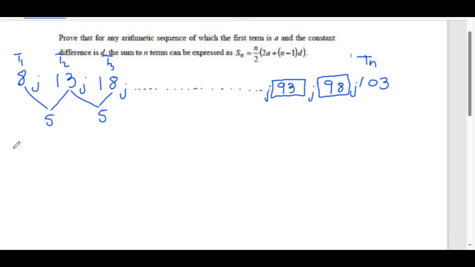Now we must calculate the sum. So we're going to have Sn, which represents the sum, equals to. Now T1 we usually call a. After a, the second term is the first term plus a difference, so it's a plus d. Then the third term is a plus this difference and also plus this difference, to get 18.